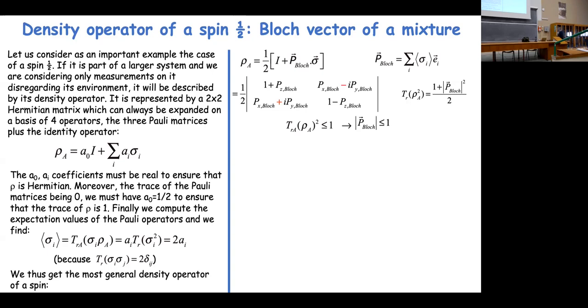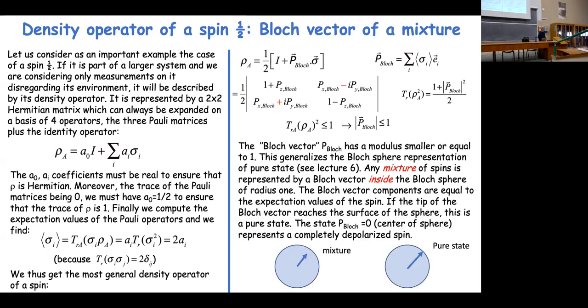And this will make the connection with what I explained to you last week. You see that the most general density operator is represented by a vector inside the Bloch sphere. And if you reach the Bloch sphere, you are in a pure case. So the pure cases are the points on the Bloch sphere, and all the points inside the Bloch sphere represent density matrices of mixtures.